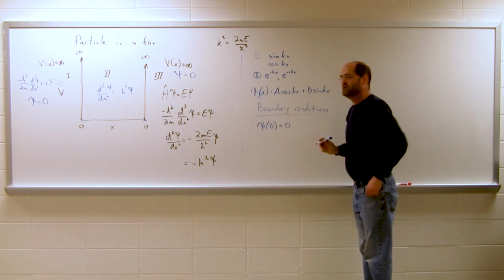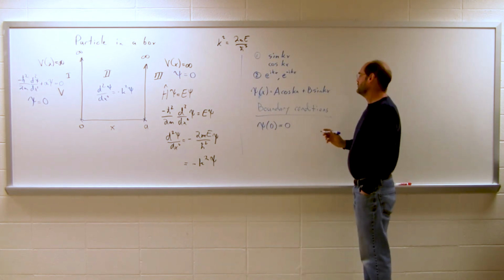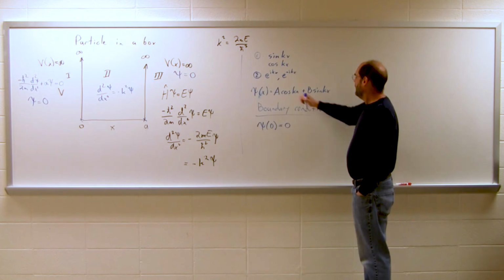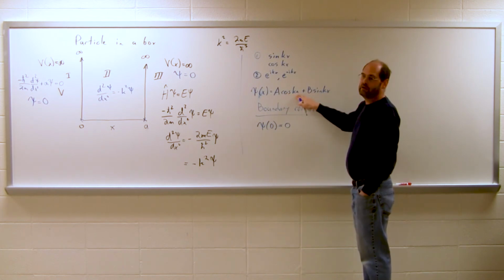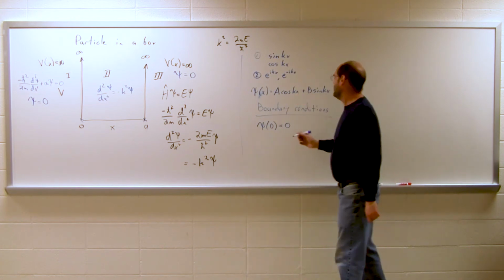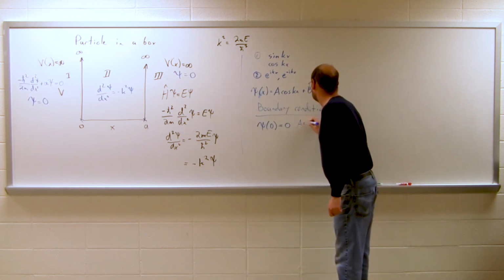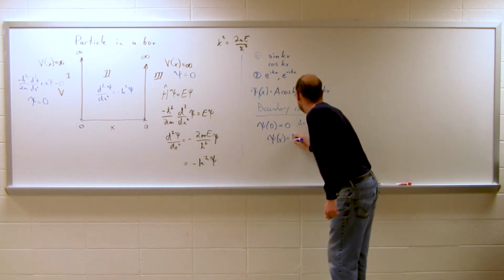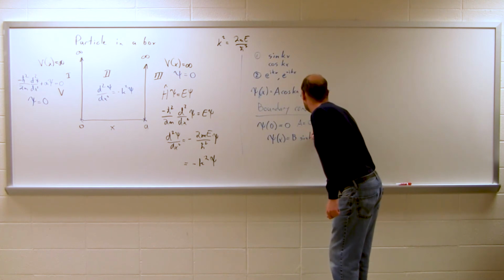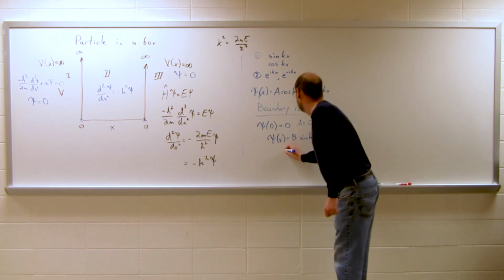So, if my wave function is equal to 0 at 0, there's only one possibility here. At x equals 0, sine kx is going to be equal to 0. Cos kx, however, is going to be equal to 1. And what that means is that a is equal to 0, my wave function is equal to b sine kx.